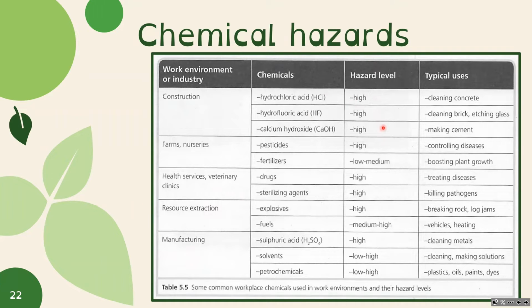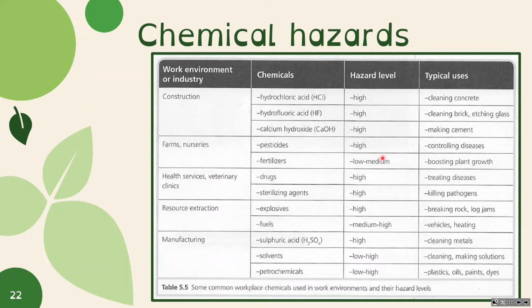So they are very dangerous. But they're used to clean concrete, to clean brick and etch glass, and to make cement. So they are used frequently. You just need to do it safely. Then in farms and nurseries, pesticides and fertilizers, which we've talked about before, are chemicals that are often used.